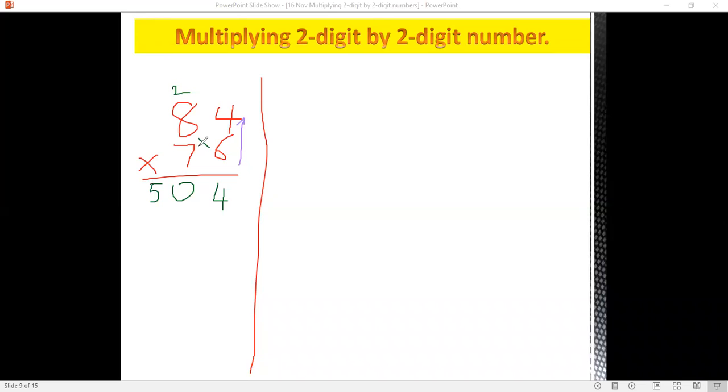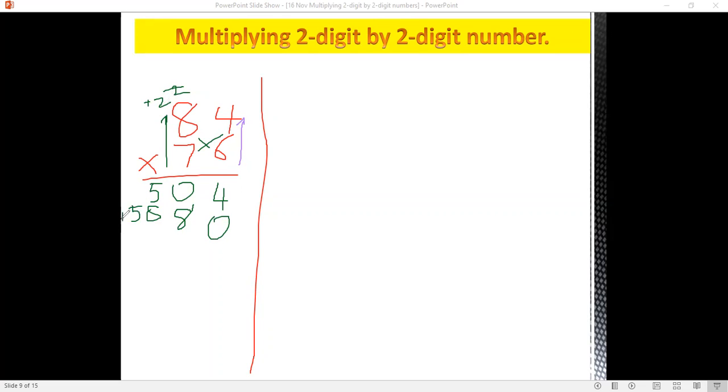Then don't forget, before we start 7 times 4, let's add 0 there. Now let's start. 7 times 4 is 28. Let's cancel this now. So let's write 8 here. Carry 2. Okay. Then the last thing we will do is 7 times 8 is 56 plus 2, 58.